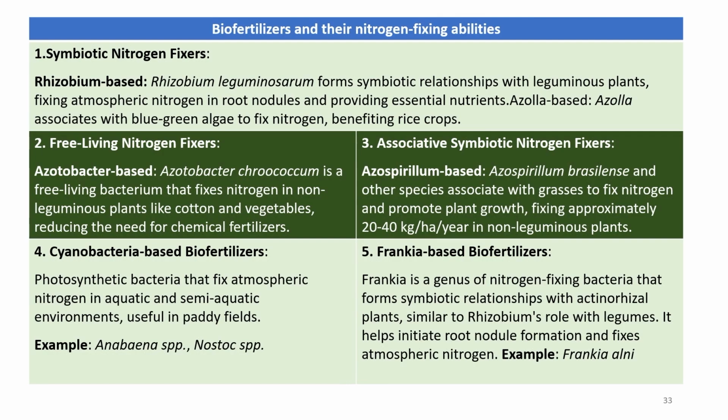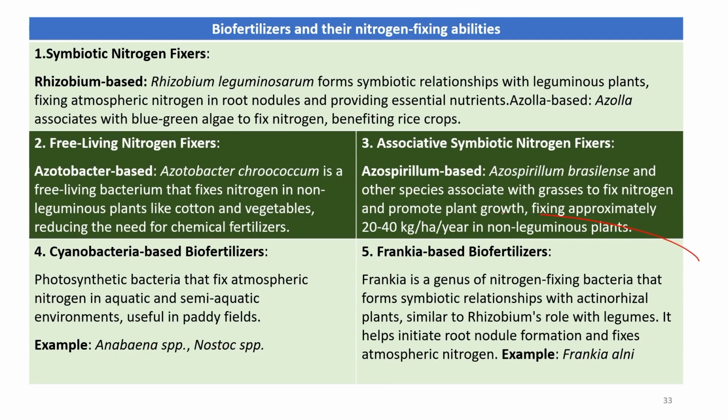Then we have associative symbiotic nitrogen fixers like Azospirillum brasilense and other species associated with grasses to fix nitrogen and promote plant growth, fixing approximately 20 to 40 kg per hectare per year in non-leguminous plants. And then we have cyanobacteria based biofertilizers, basically photosynthetic bacteria that fix atmospheric nitrogen in aquatic and semi-aquatic environments, as in the case of paddy fields, for example, Anabaena and Nostoc.